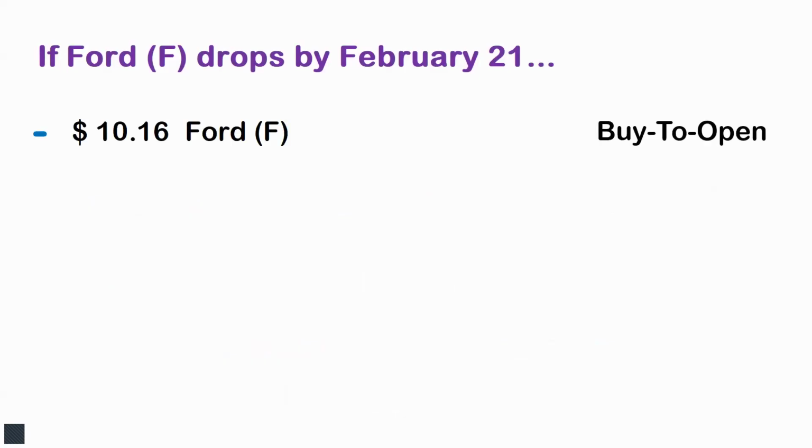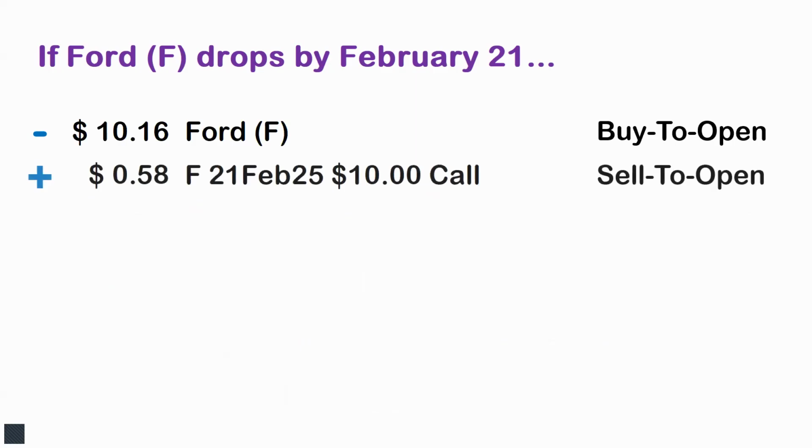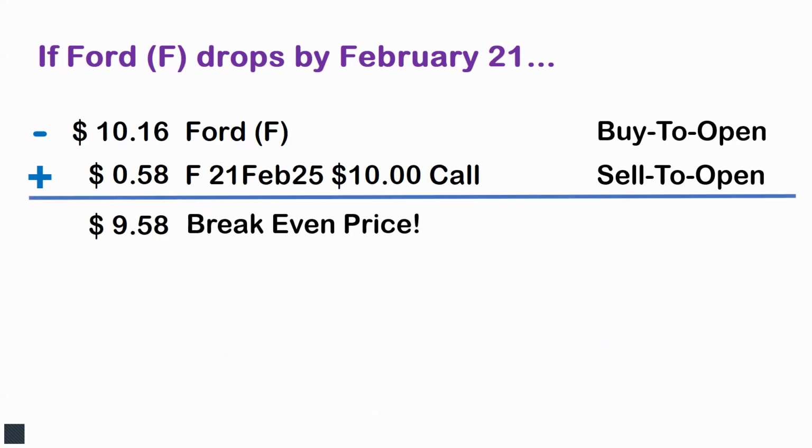There's also what if Ford drops by February 21? In that case, there's another benefit of selling option premium, right? Number one, if I make that 58 cents, that creates kind of a profit buffer for me. In other words, this symbol would have to drop below $9.58 before it's even considered in the red, right?